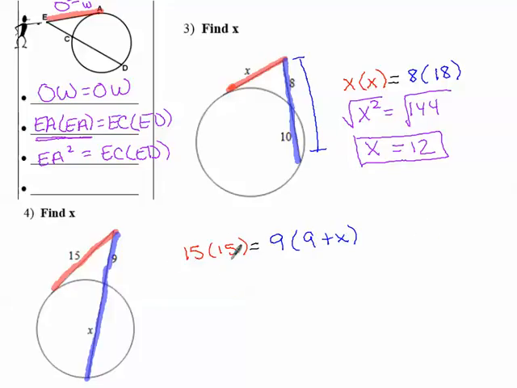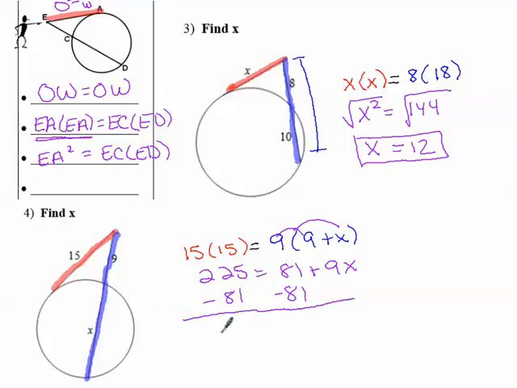So 15 times 15 is 225. And then I'm going to distribute. I'm going to subtract 81 on both sides of my equation. And I'm going to end up with 144 equals 9x. I divide both sides by 9 and x equals 16.